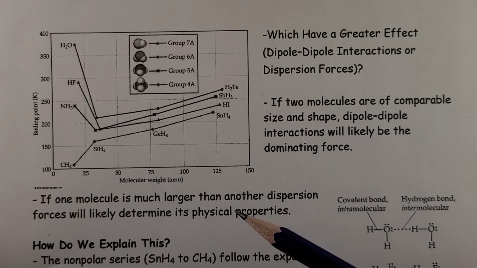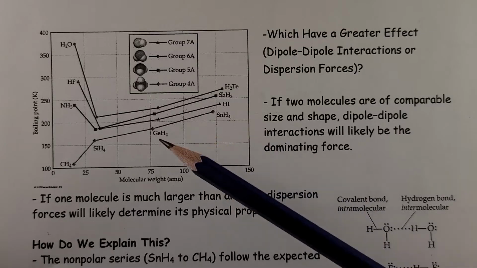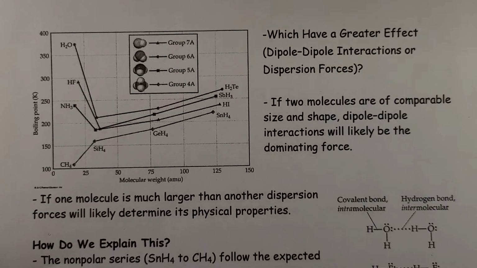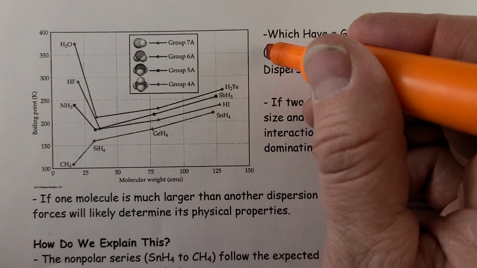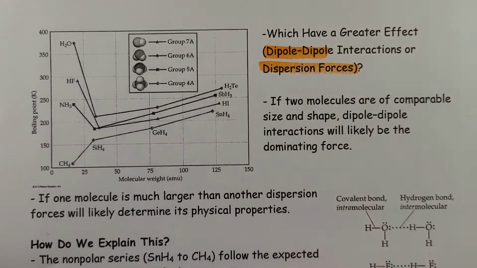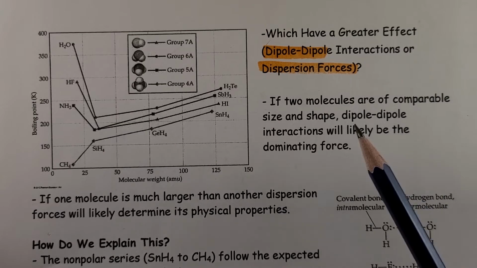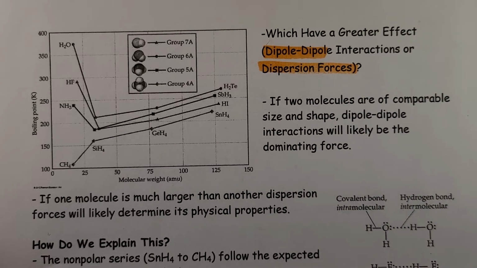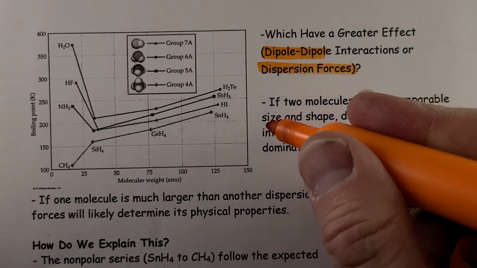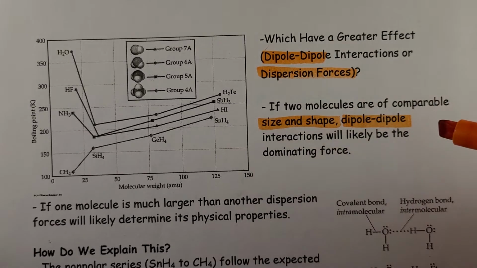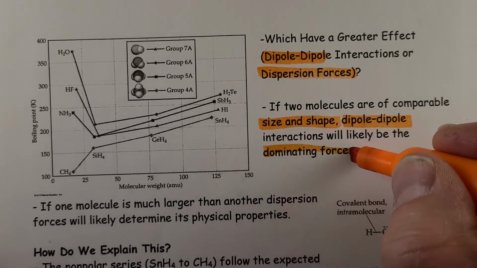Now something interesting happens when we look at this case, but before we do that, which has a greater effect, dipole-dipole or dispersion? So you may think, well, I kind of mentioned that dipole-dipole were stronger than dispersion, but what happens though in terms of molecule size? So if the two molecules are of comparable size and shape, if they're similar in size, then dipole-dipole would be the dominating force.